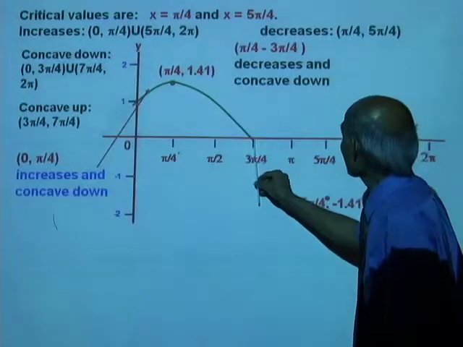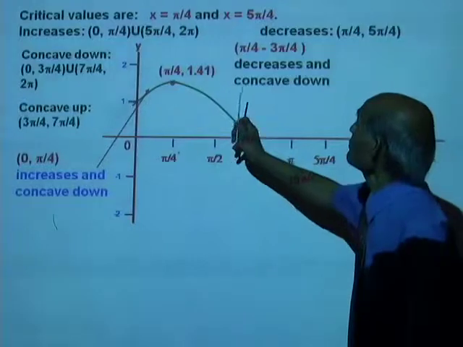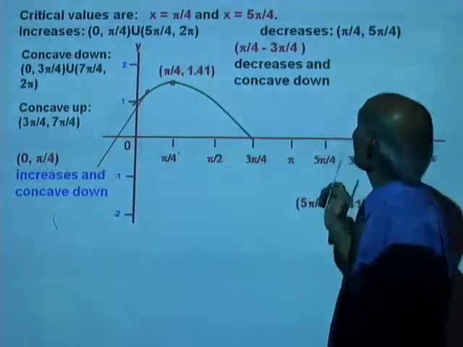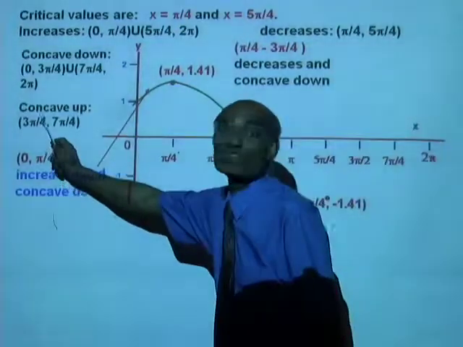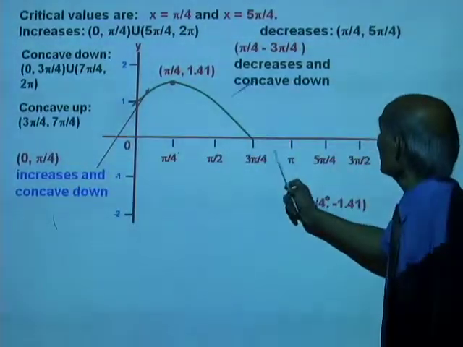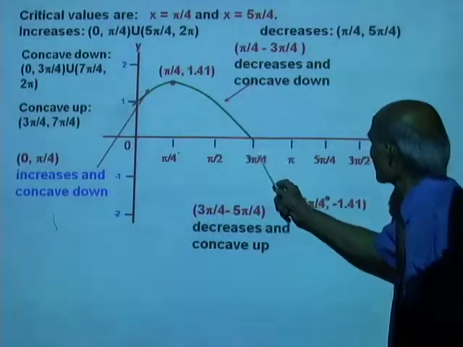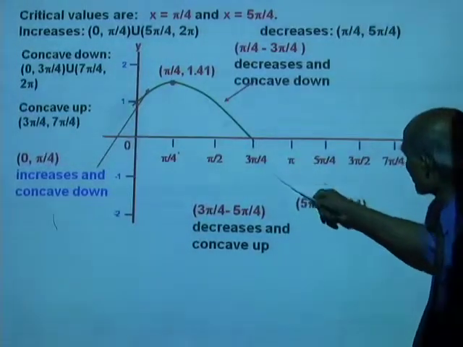Alright, how about 3 pi by 4 to 5 pi by 4? If you look at this, you know the function is decreasing and it is concave up. So, from 3 pi by 4 to 5 pi by 4, the function decreases and concave up.